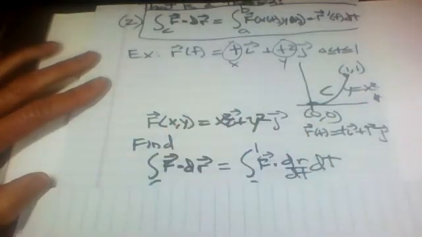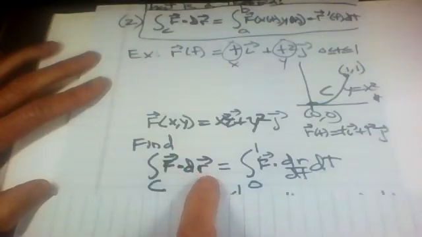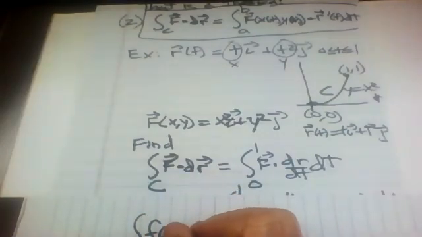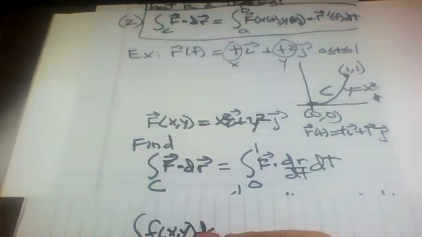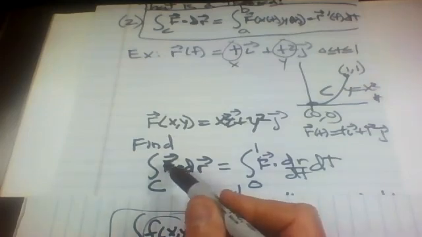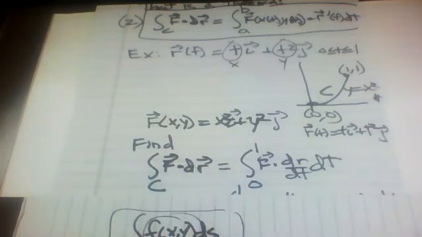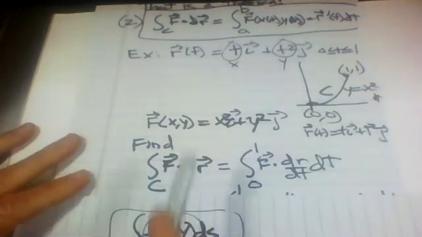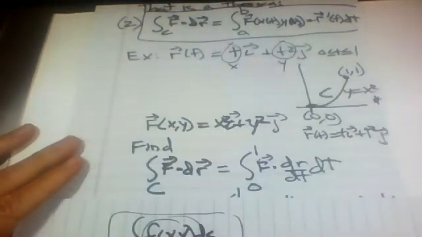Then I calculate the integral of F dot dr, the vector line integral. The integral of F dot dr means the vector line integral, but the integral of f of x, y ds means the scalar line integral, because you're integrating a scalar function. When you see a vector field here, this is the vector line integral, and you evaluate with formula 2. So use formula 1 for the scalar line integral, use formula 2 for the vector line integral.